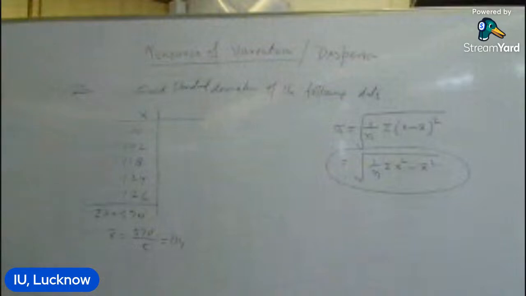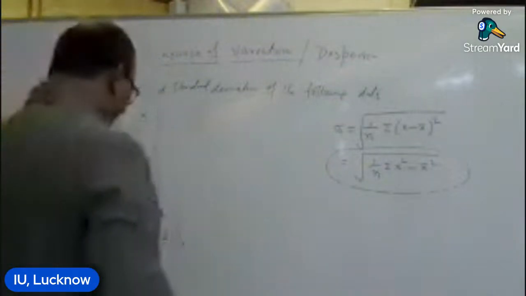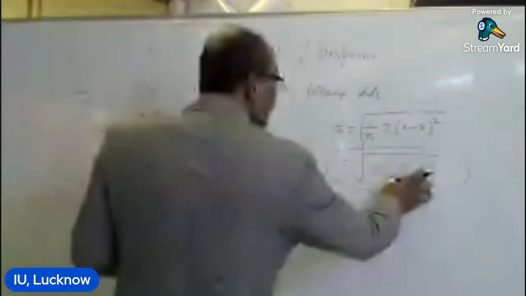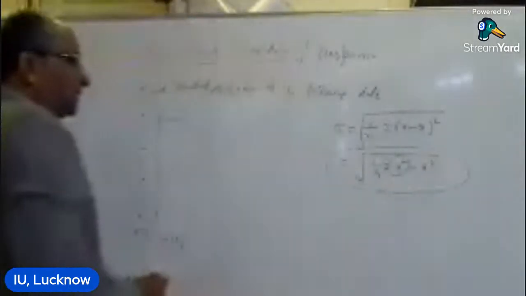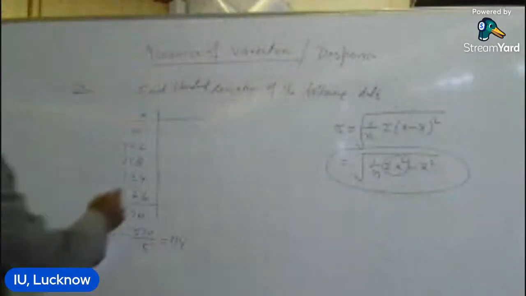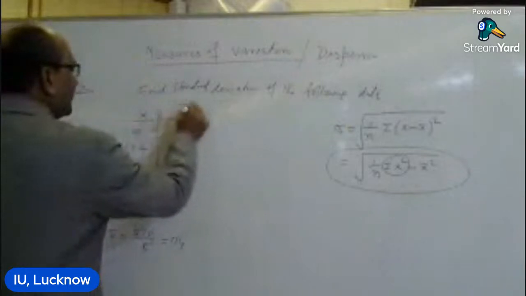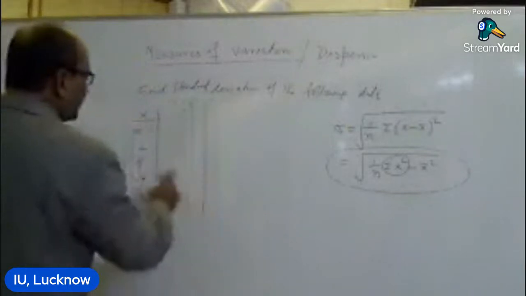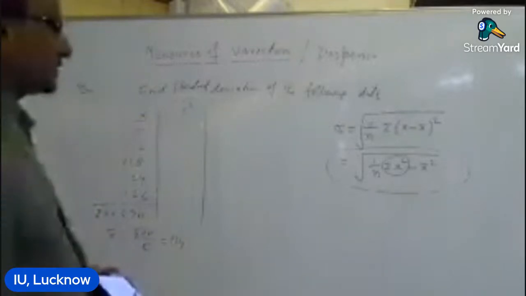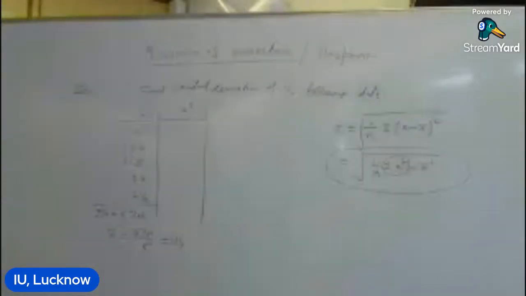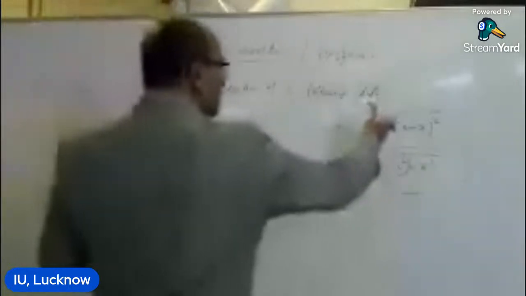Now here we have summation x square. So first prepare the table for x square. So this is x, and find the square of this x. You can also use the other formula, the answer will be the same.